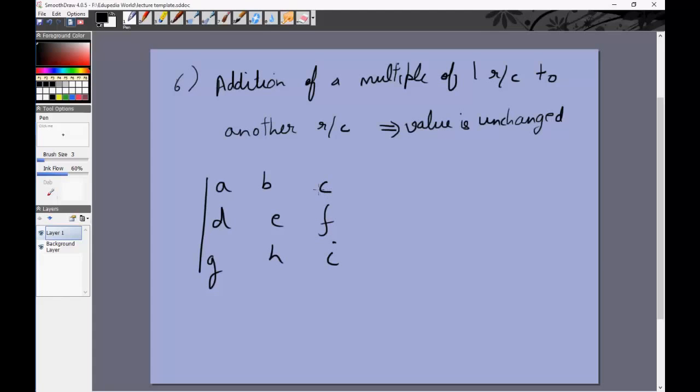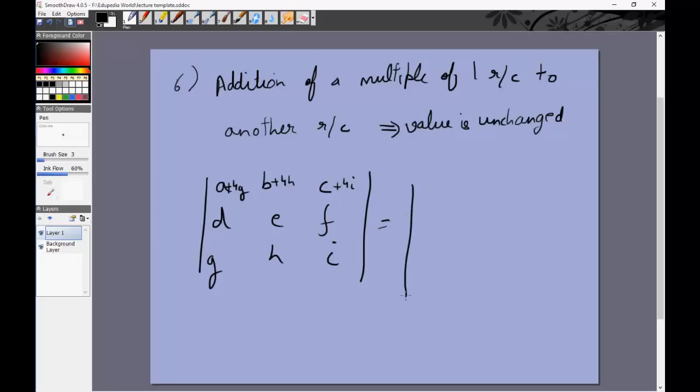Now what you do is you add, let's say, 4 times the third row to the first row. So you get A plus 4G, B plus 4H, C plus 4I. Now you can actually separate this into 2 matrices, 2 determinants, because every time you'll have A plus 4G times something, B plus 4H times something, C plus 4I times something.